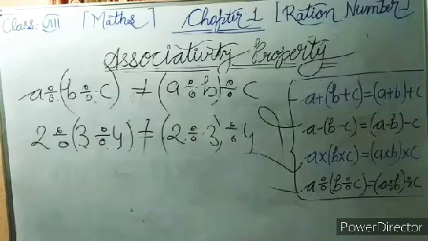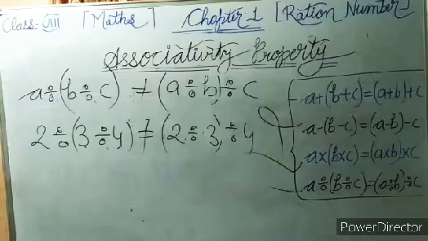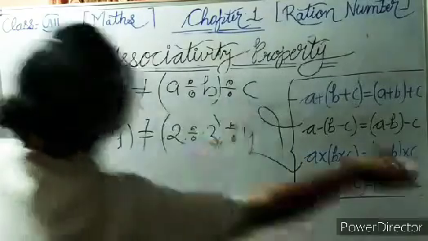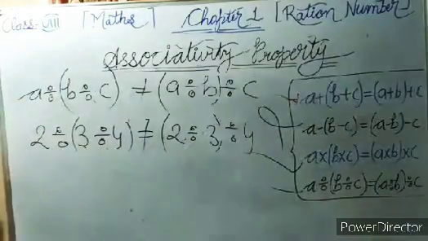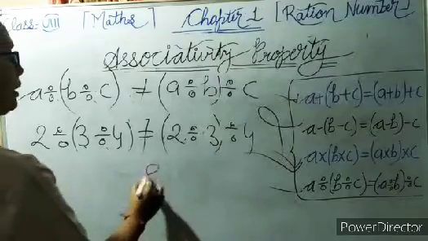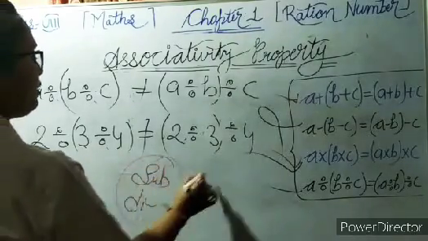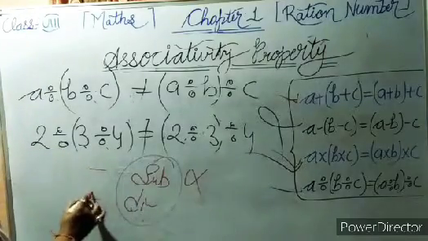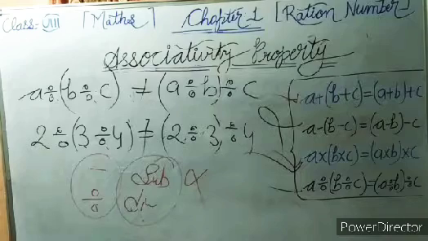The conclusion is this: addition is associative, multiplication is associative, but subtraction and division are not associative.